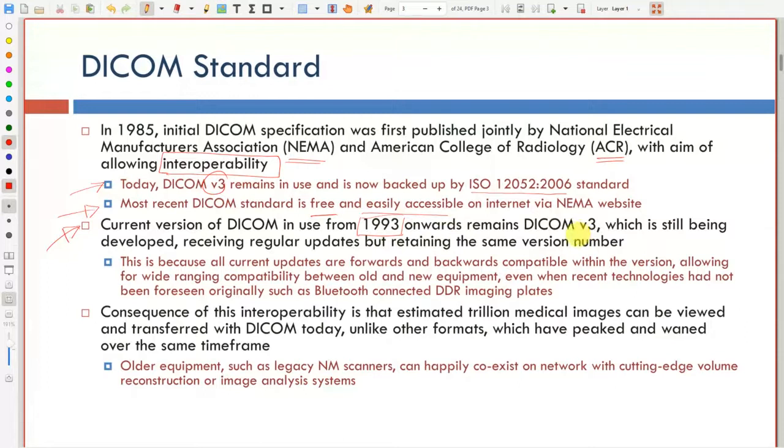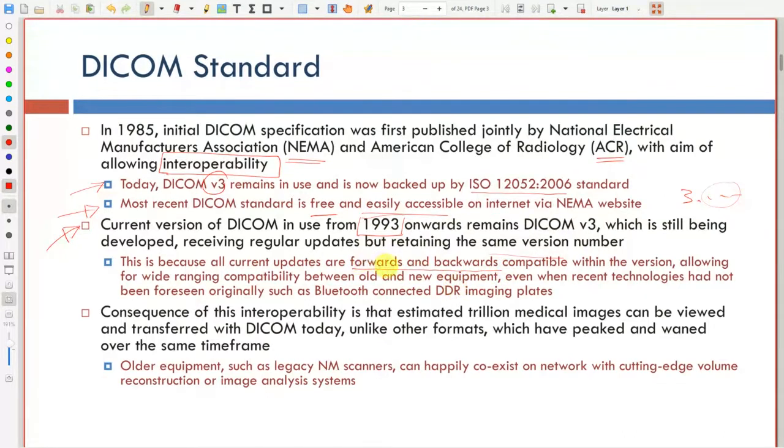There are many changes that happened since then. They have regular updates, but they retain the same version number, so you have 3 point whatever. This means it's a subversion of 3, and the really nice thing is that all current updates are forwards and backwards compatible.